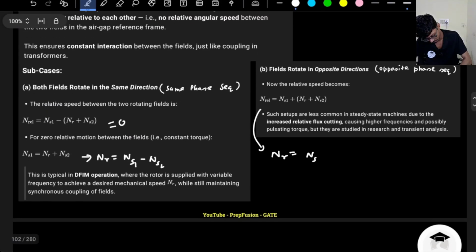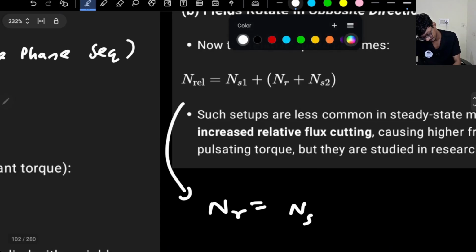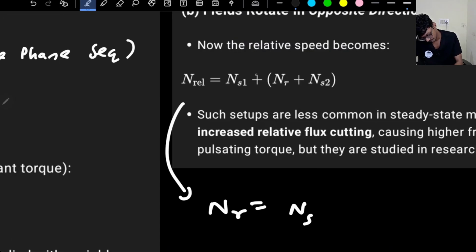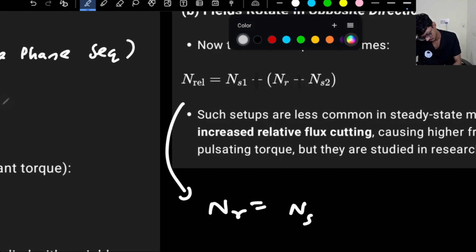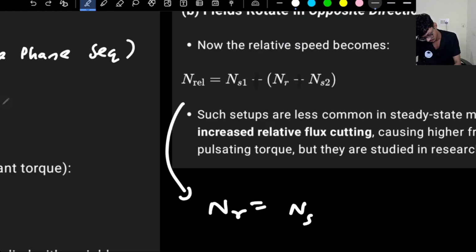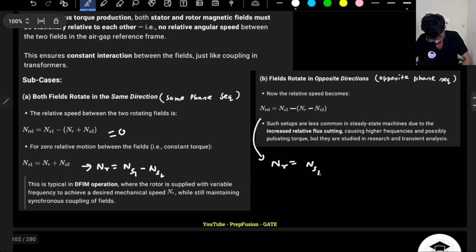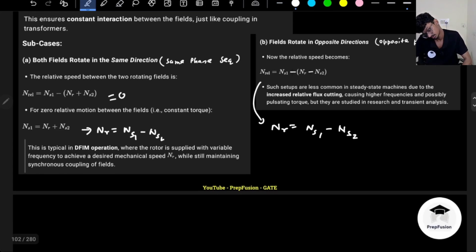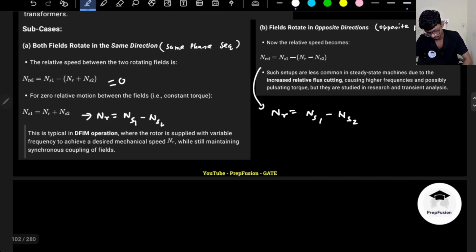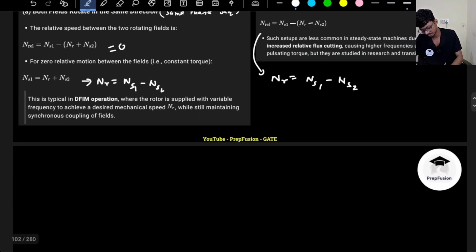Yes, nr, ns2, this should be negative basically. ns1 minus ns2. Okay, so sorry, plus ns2. So these are the equations basically. These are the two cases.